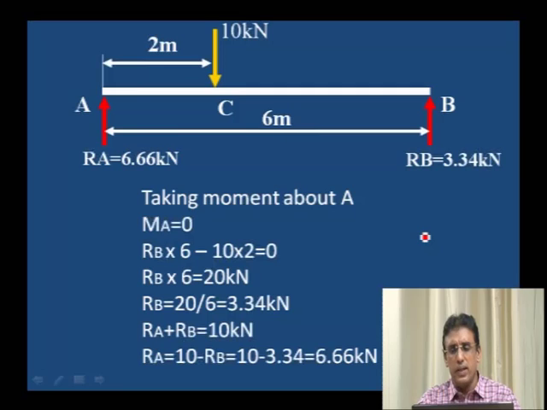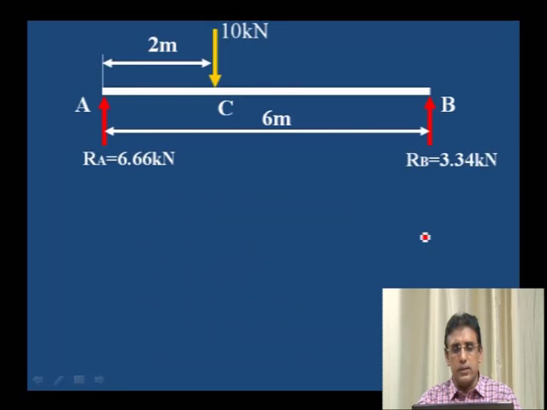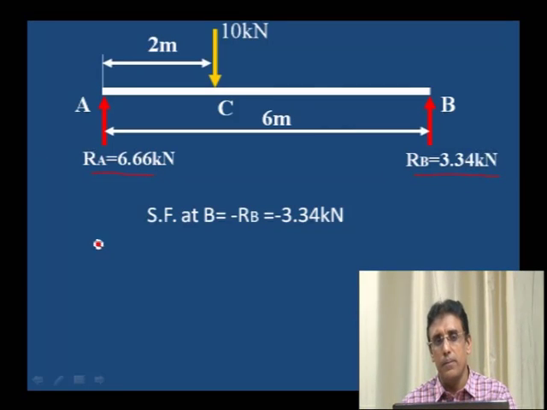RB is 3.34 kilonewton, acting vertically upward. Now we have the reactions at A and B, and also one downward force acting, 10 kilonewton. To calculate the shear force, we need the reactions at A and B.